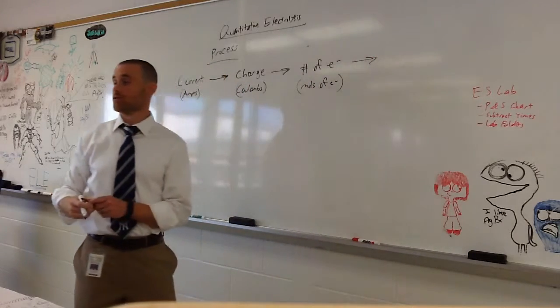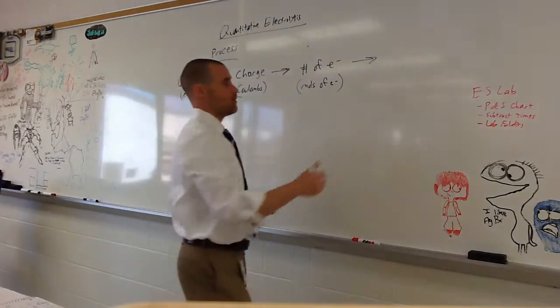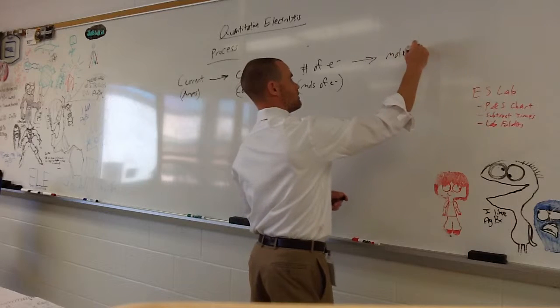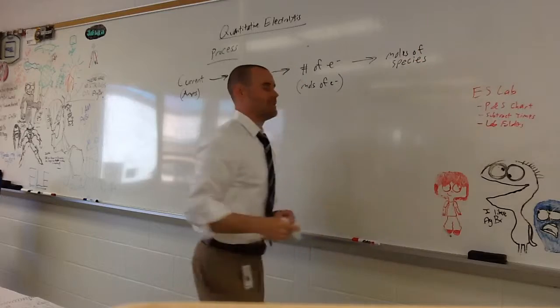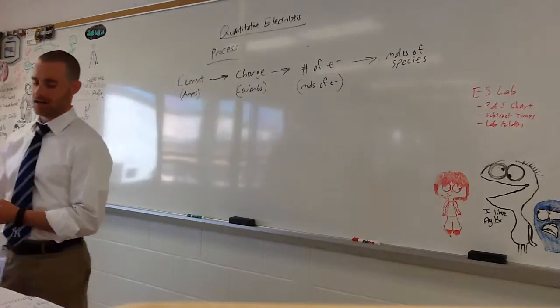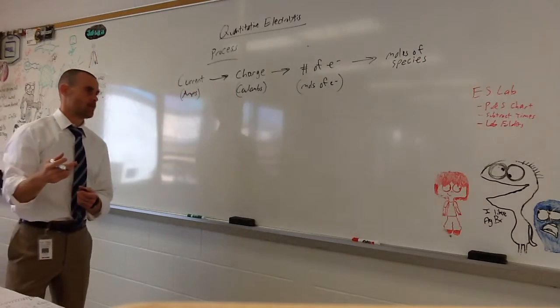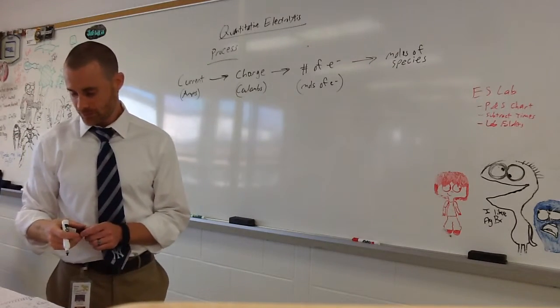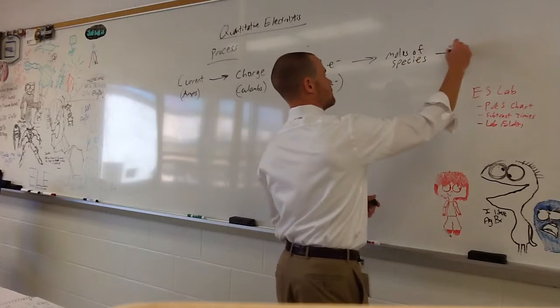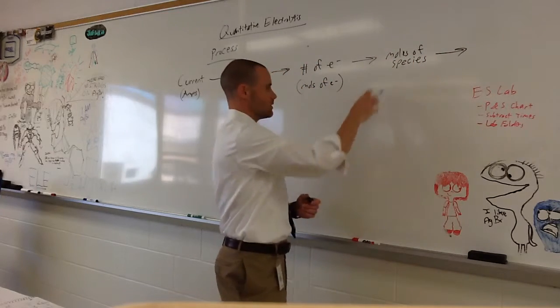After you get the moles of electrons, you can figure out the moles of the species. I say species because that could be a cation, anion, or a metal, non-metal, a gas. It depends. And then that's just moles.